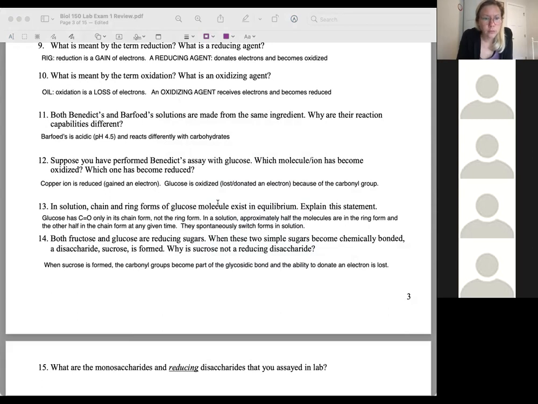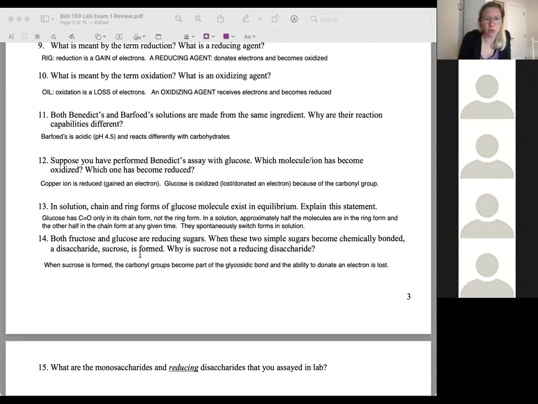Will they give us this information on the exam, that this solution has copper ion or glucose, or do we have to figure that out? No, it'll say Benedict's or Barfoed's solution. As long as you know what those solutions are, you'll be fine. On page 3 of the exercise 2 lab handout, it talks about the Benedict's assay.